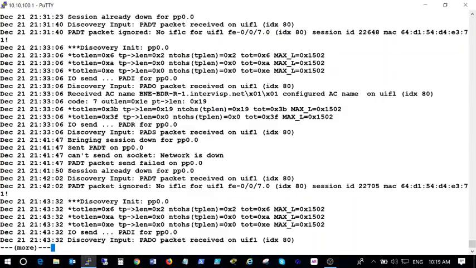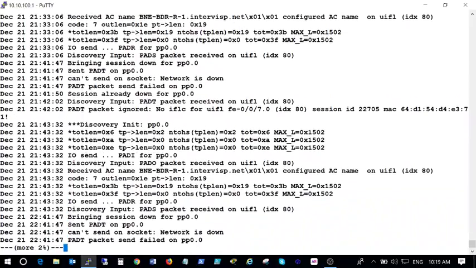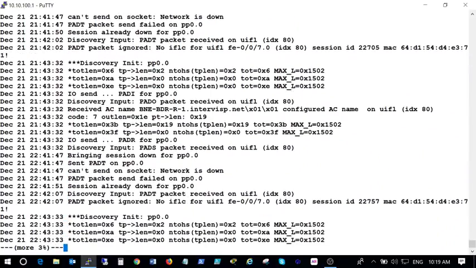And now we're going to start re-establishing the session all over again down here with this init pp 0.0. There we are, so away we go. And we finally get the session up again, which was at 21:43 and 32 seconds, but at 22:41 it died again, so it didn't stay up for very long again.